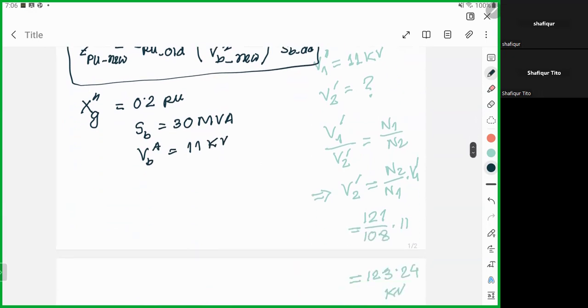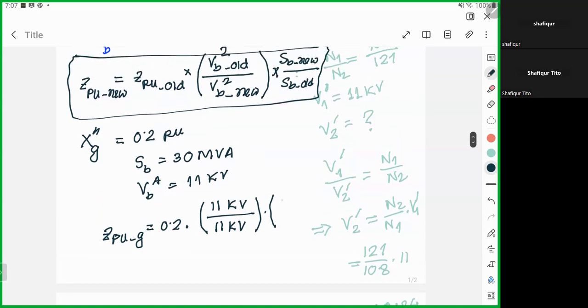So that means our calculation would be ZPU of G equal to 0.2 times 11 kV, and new also 11 kV because it's the generator, and the new base is 30 MVA and the old one is 25 MVA.